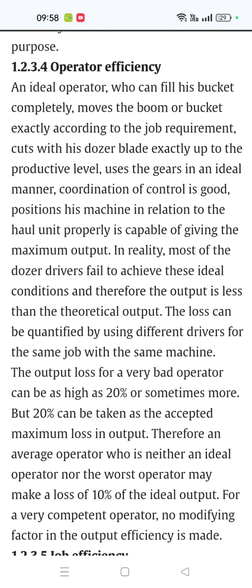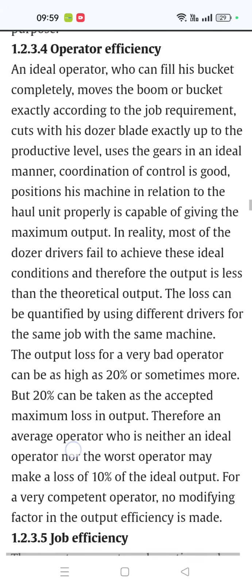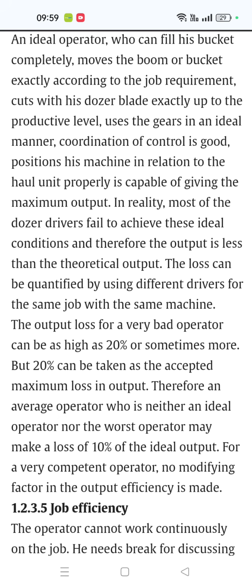Coordination of control is good. Position of the machine in relation to the haul unit is proper and capable of giving the maximum output.